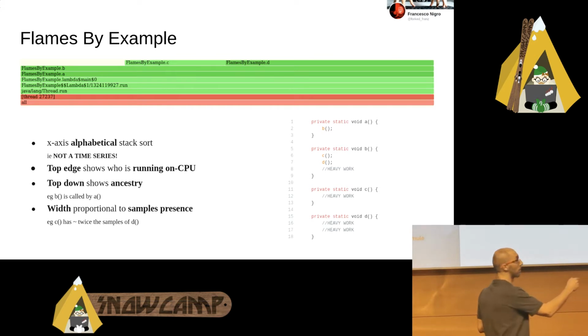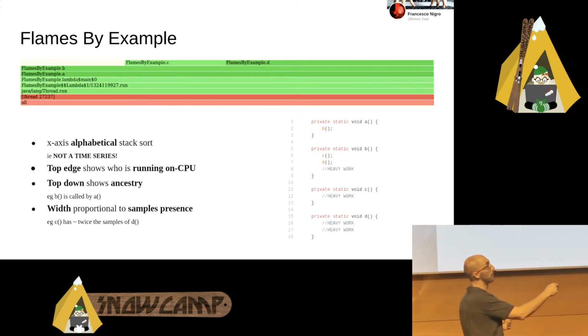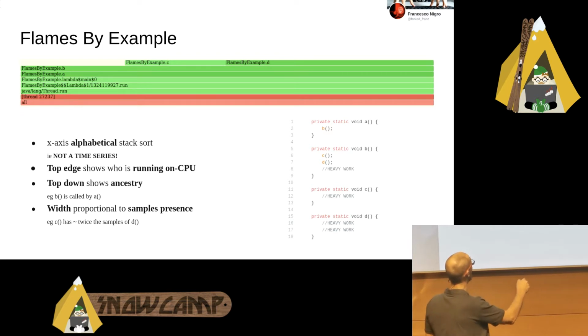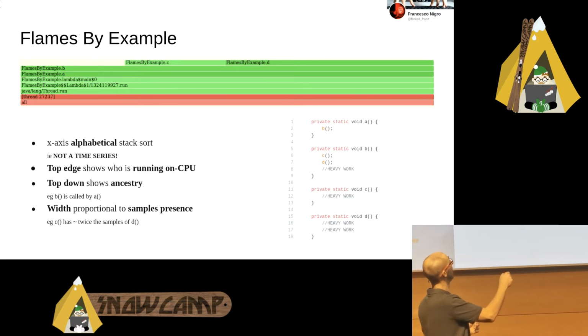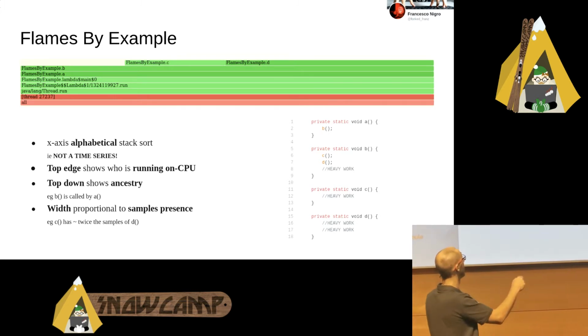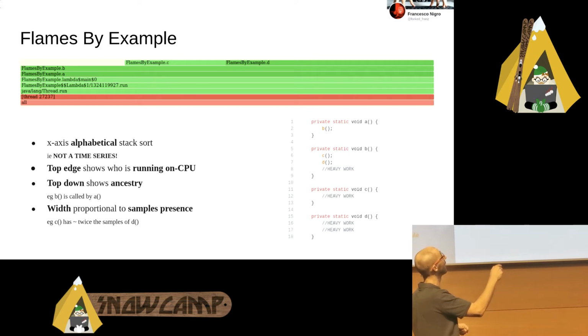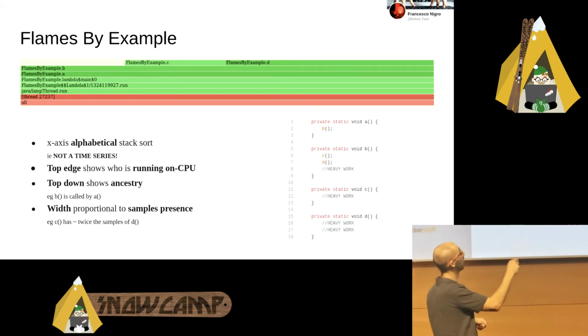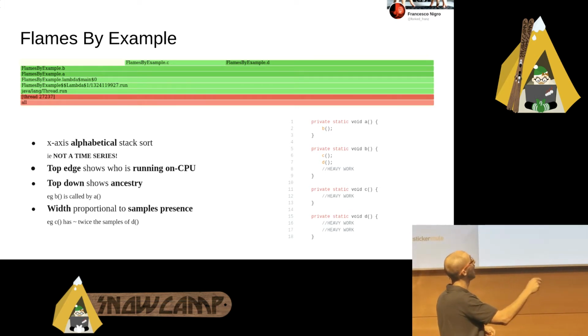And in order to read it, you have to go from the bottom to the top. And indeed, you will read a thread that is calling a lambda, which was hidden in the previous slide. But the most important part is that you have A here, that is calling B, that is on top of it, and B is calling C, that's here, and then D.